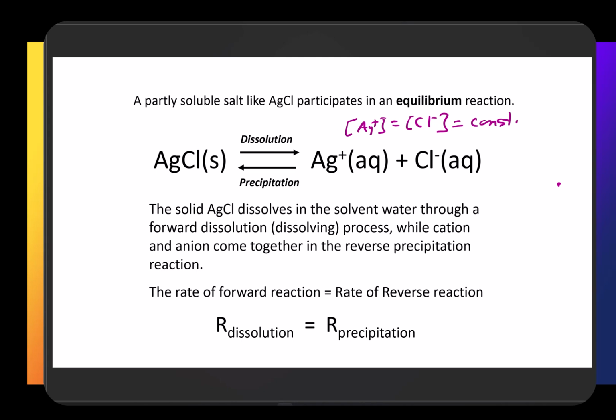Usually, this is one case where the equilibria aren't set up extremely quickly. Sometimes you have to make a solution and shake it over a period of weeks, okay? And then do a test to see when the concentration has come to a constant.